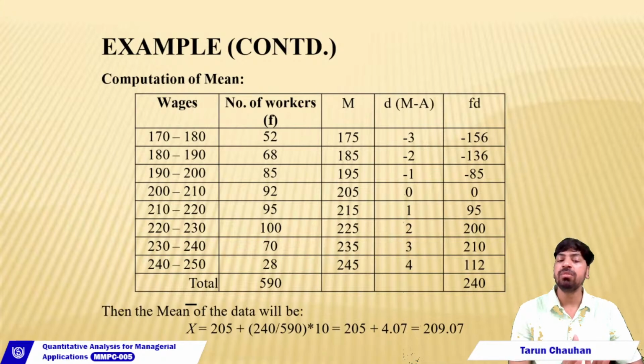A is 205, sigma FD is 240, which has been calculated in the table, sigma F is 590, into 10. That is 205 plus 4.07, which is equal to 209.07, and that's called the mean.